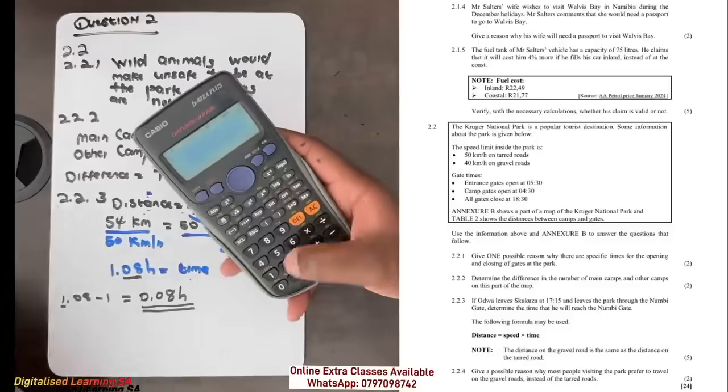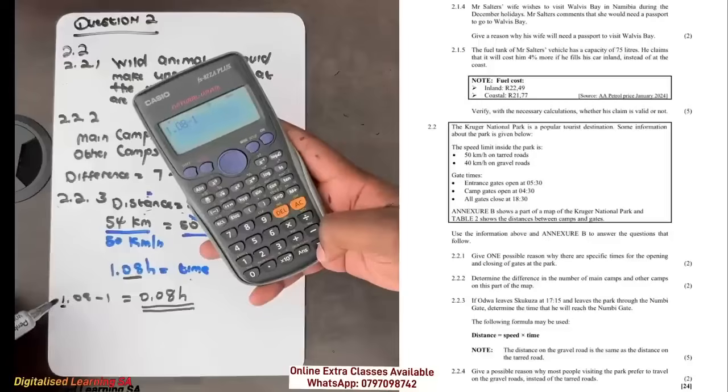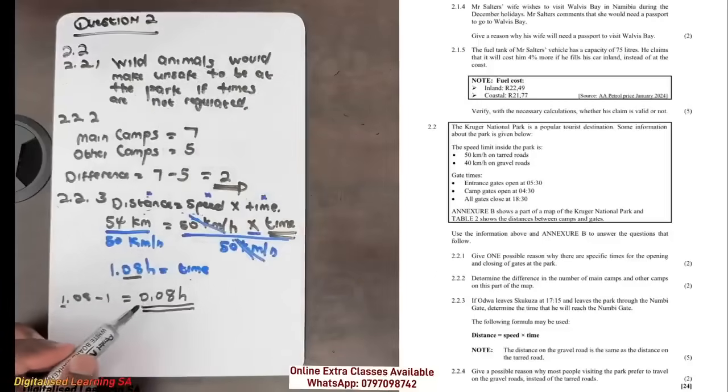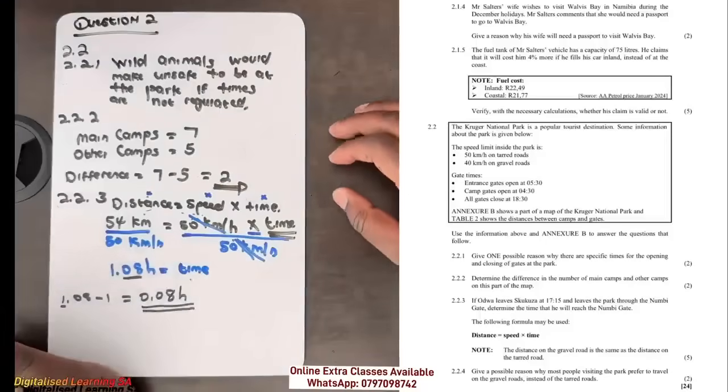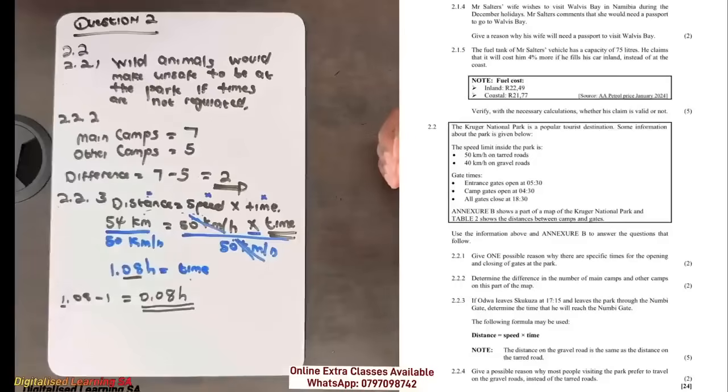Okay, so if we say 1.08 minus 1, so we are taking away the 1 hour, we will be left with 0.08. To convert this 0.08 hours to minutes and seconds, we multiply by 60, because we know that in an hour we have 60 minutes. That's why we are going to multiply by 60.